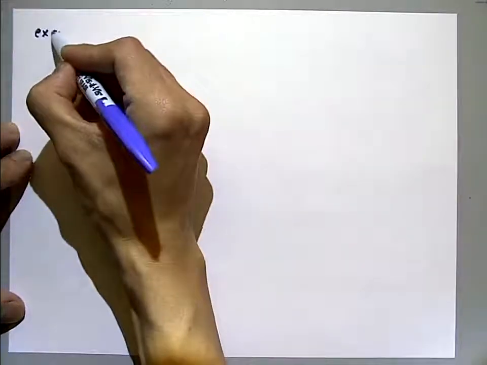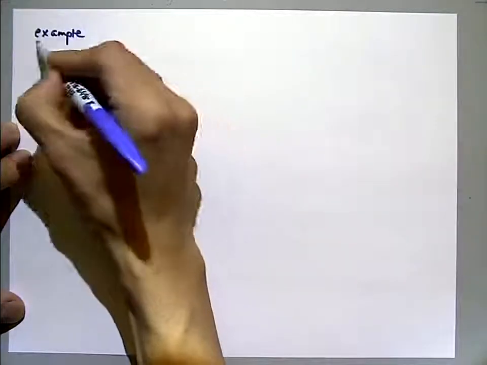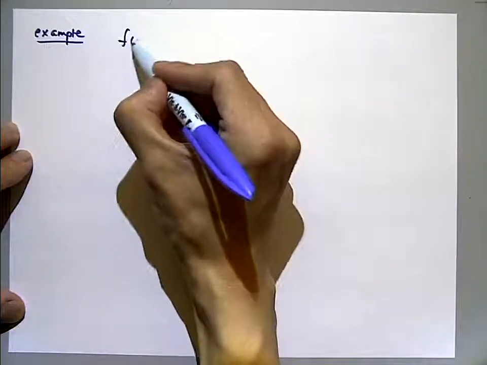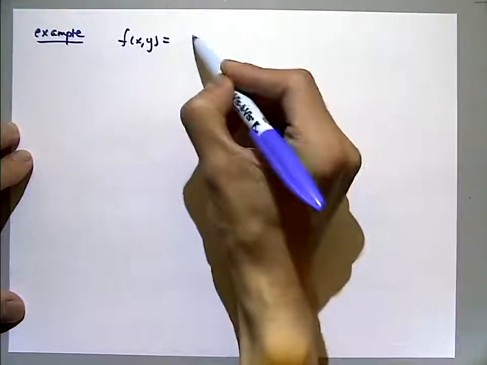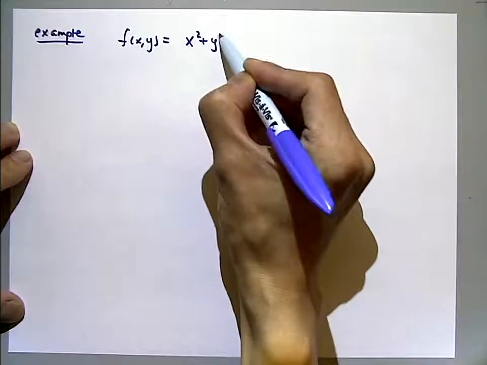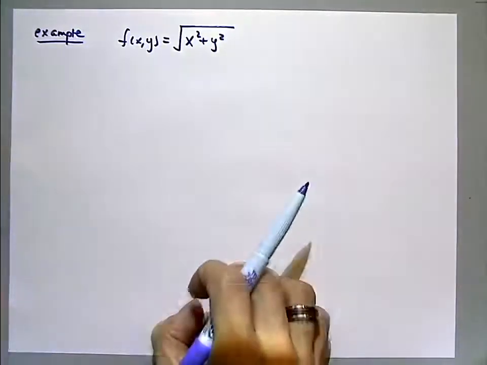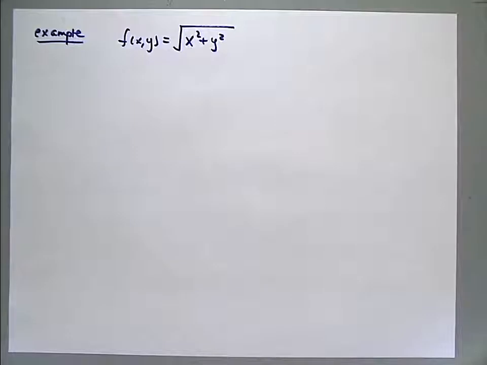Okay, let's take a look at a couple examples of gradient vector fields. So here's a function, square root of x squared plus y squared.